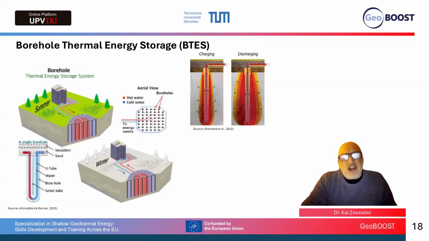Such borehole heat exchangers have specific designs. Normally, you have a warmer inner core and a colder outer boundary. So you have to see how we design such a BTES system.